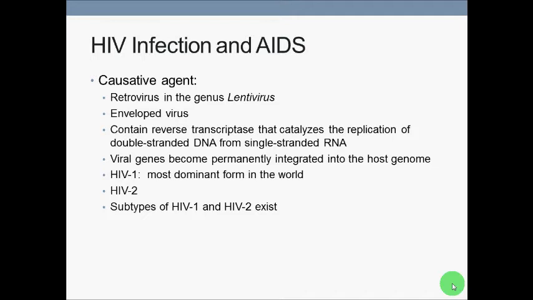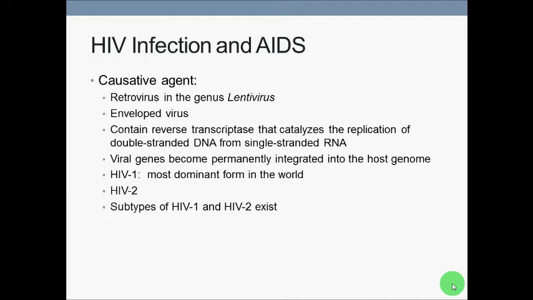So what that does is it takes the RNA that is in the virus itself and turns it into double-stranded DNA. One of the dangerous things about retroviruses is that these viral genes, once they're turned back into DNA, can then be integrated into the host genome. That means that viral DNA can insert itself into that host DNA.